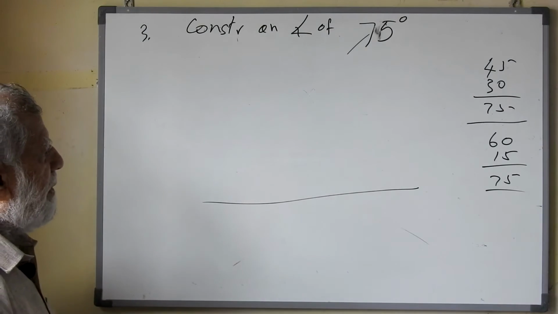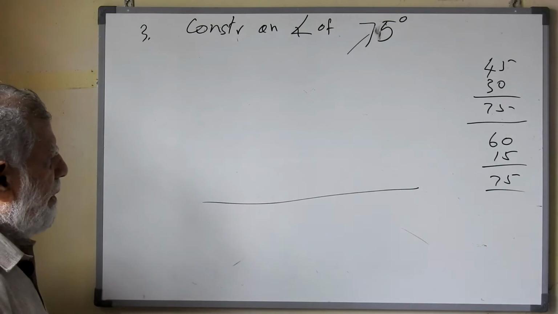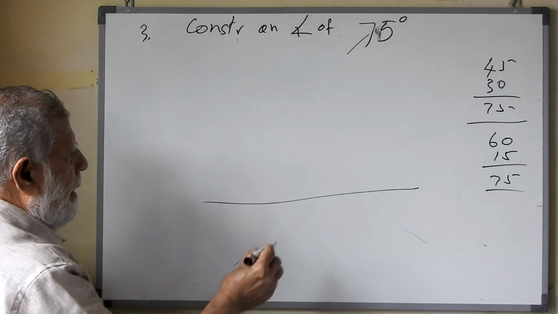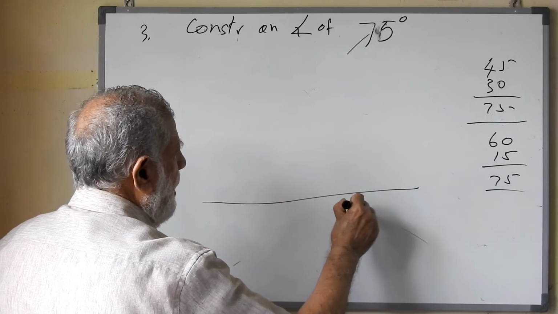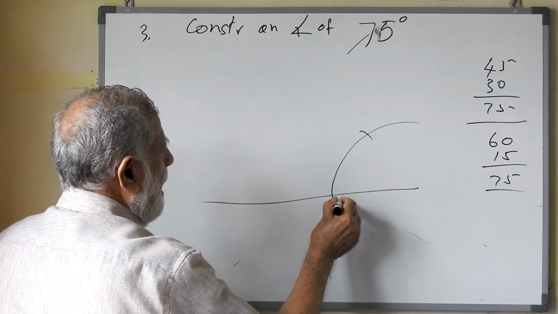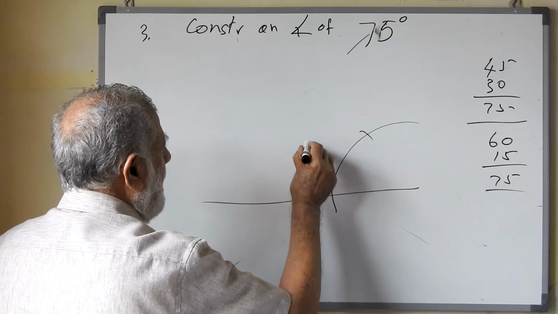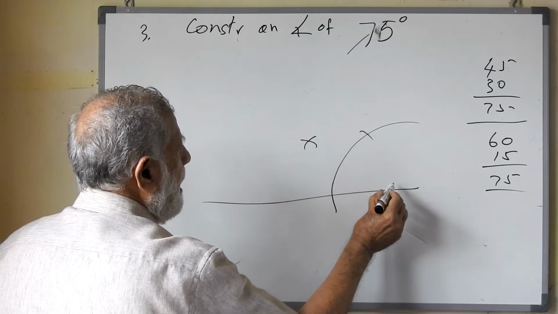Now what you want is 75 degrees. We can draw 30 degrees and 45 degrees there also. We'll do it that way. First of all, draw 60 degrees here, and then bisect here, and straight away we have got 30 degrees.